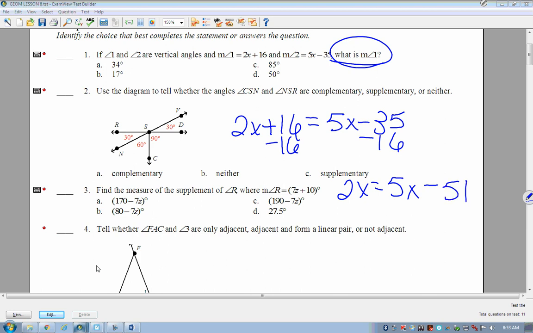Okay, what's next? What do you have to do next? Yep, x's are next. Nope, and you're going to have to subtract. Nope, because that's going to move everything over here. So what do you want to do?